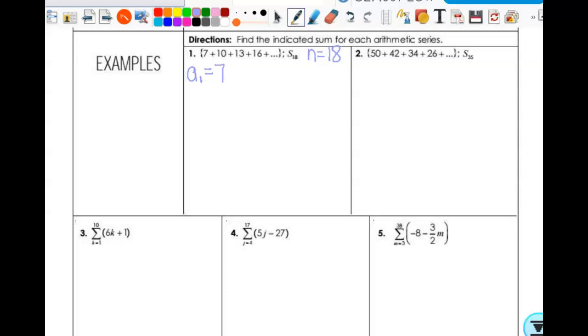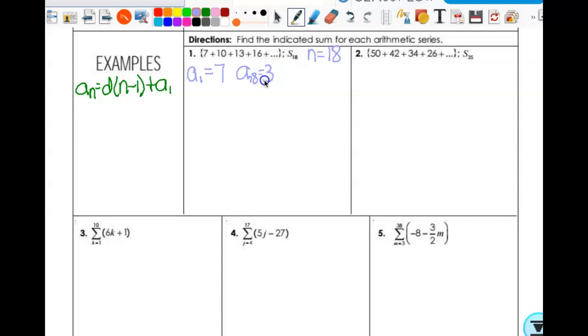And then I need the 18th term. Well, I could figure it all out and keep going, but at the same time, we have a rule that we did that says a sub n for an arithmetic sequence is d times n minus 1 plus a sub 1. So what is the common difference here? 3.